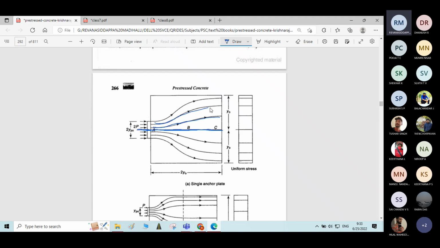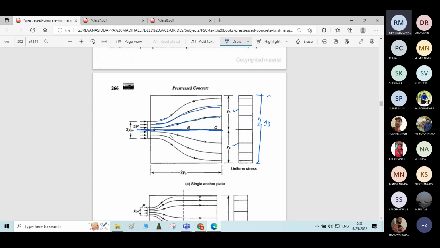The stress portion above the central axis of the plate is y0, and below the central axis of the plate it is also y0. That is why in total it is taken as 2y0.